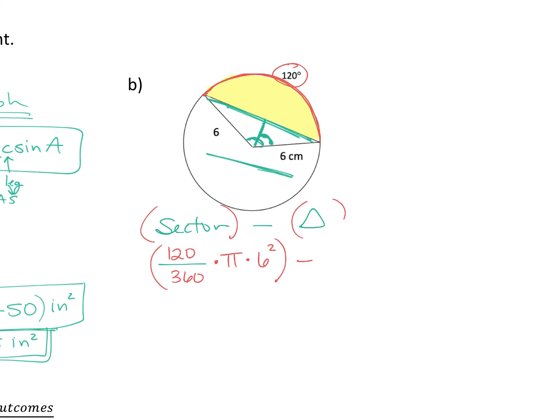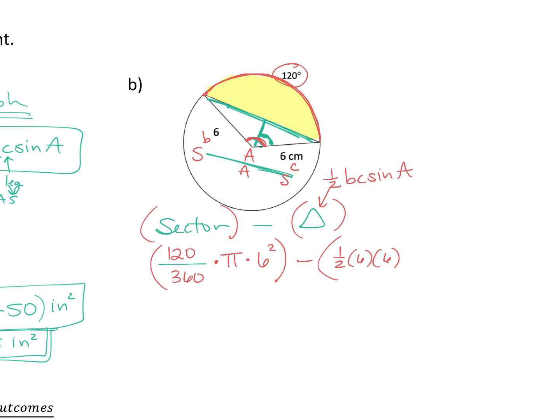Minus, now the triangle, I would do 1/2 BC sine A to find the area of that triangle. It's the easiest route, okay? So you go 1/2, what's your B? 6. What's your C? 6, right? This is B, this is C, because this is your angle. So it's an SAS triangle, right?